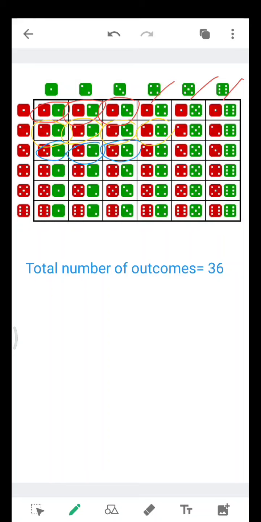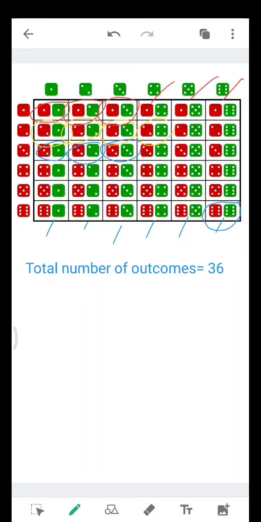This way this goes on and finally we reach 6 on the red, 1 on the green. Then 6 comma 2, 6 comma 3, 6 comma 4, 6 comma 5. Finally we stop at 6 comma 6. So nobody can surely say that I will always get 6 comma 6.